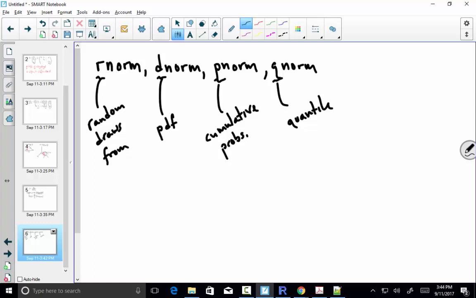This is a generic framework in R, and there are related functions for the T distribution, the gamma, the beta, and many more. So for the T distribution, for example, there would be an rt, a dt, a pt, and a qt. For all the different distributions that are available to you, there are those 4 types of functions.